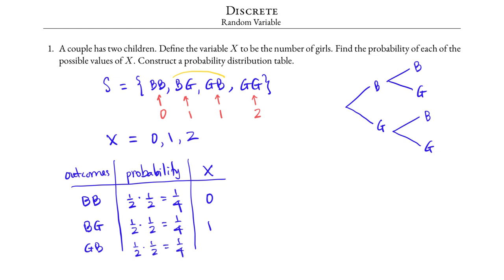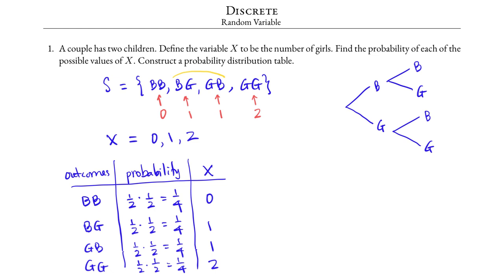The number of girls, x, is 1. And for the last outcome, GG, the probability of getting a girl the first time is 1/2, getting a girl the second time is 1/2. We multiply them because they are independent. What is the value of x in this case? 2.